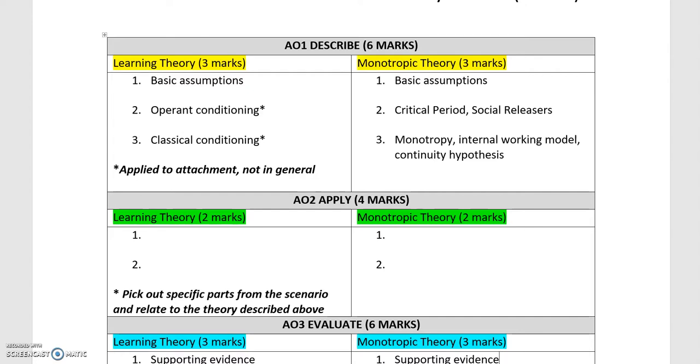Depending on how much information they give in the scenario, you need to do it twice for each theory. They didn't actually give you a huge amount of information in this stem, so it's okay to make one main point and then fully elaborate on it to get 2 marks. I'll show you the example in the answer in a moment. So that's 2 points each for learning theory and monotropic theory application.